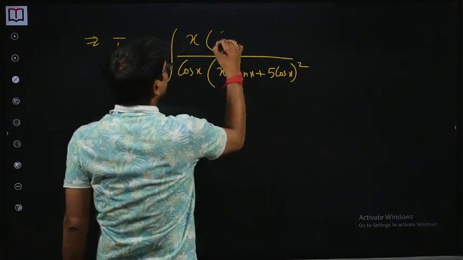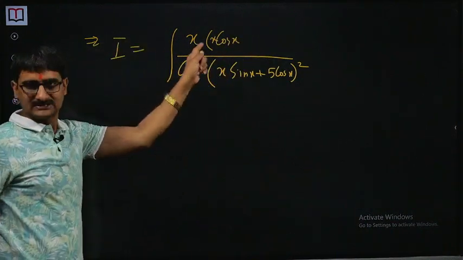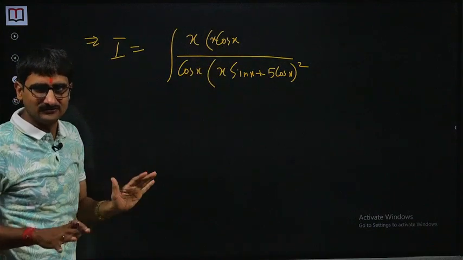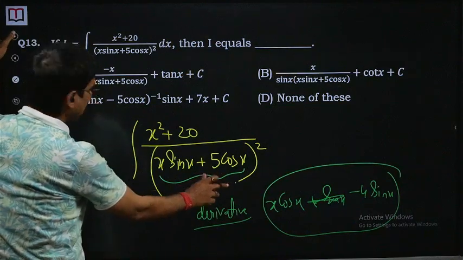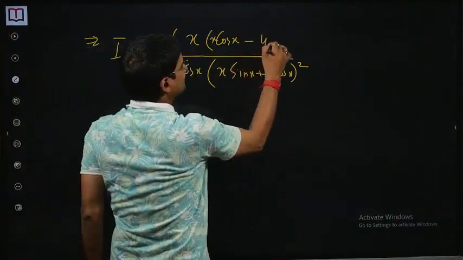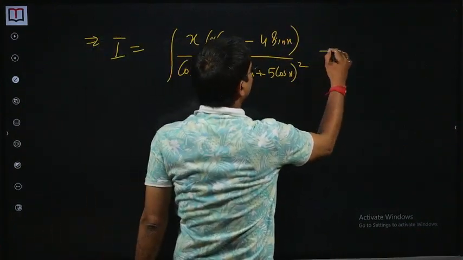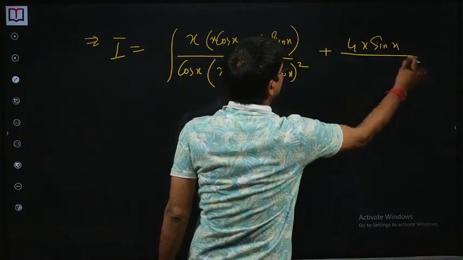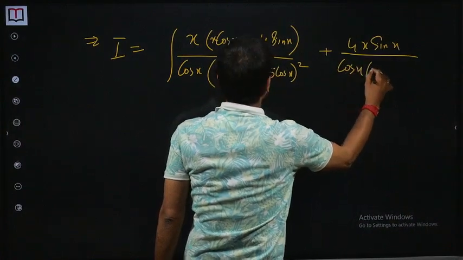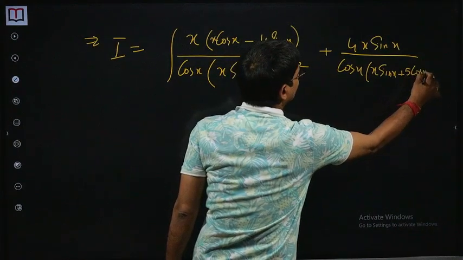So it's x square cos x and cos x gone, so it's still balanced. Now whatever I added, I need to have minus 4 sin x, so to balance it, I will write it as 4x sin x upon cos x into x sin x plus 5 cos x whole square.